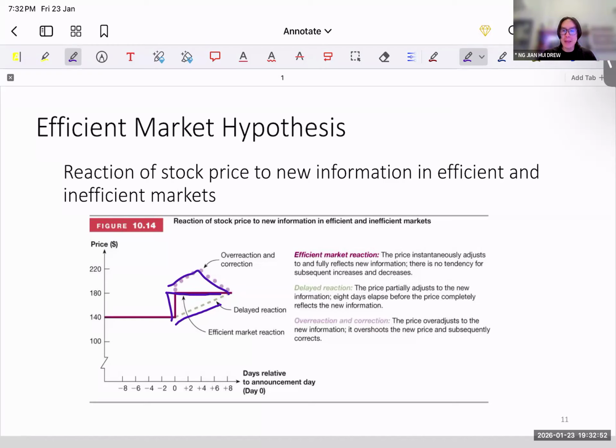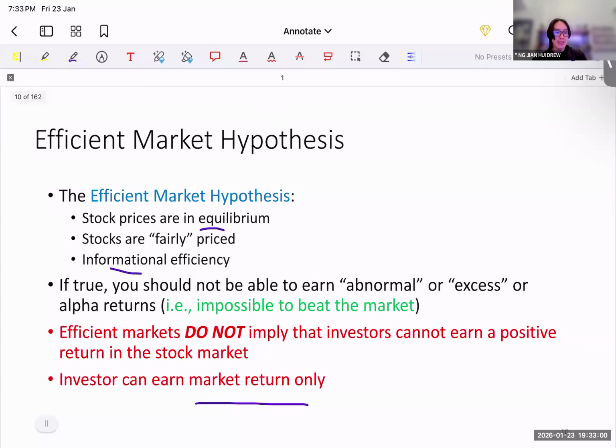Okay, I do see a question. What does efficient market do not imply that investors cannot earn positive return? Okay, so there's a comment here, right? What does this mean? It means that even though the market is very efficient in this hypothesis, the investors can still earn market returns, but they cannot earn exceptional returns, right?